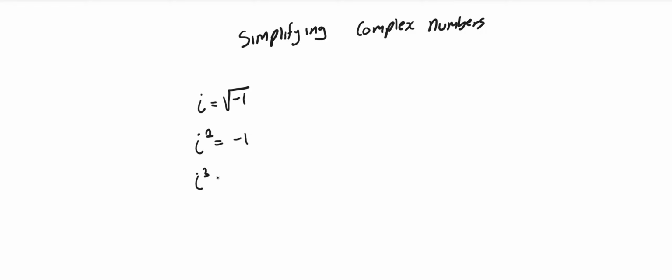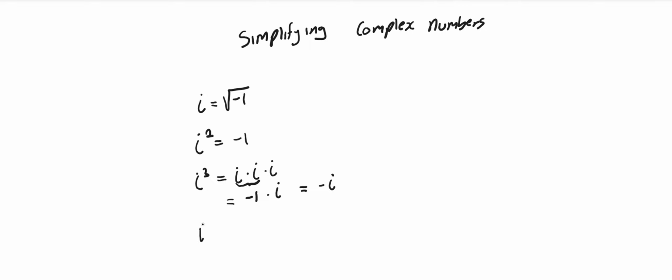i cubed is the same as i multiplied by i multiplied by i. So this becomes i squared, which is negative 1, multiplied by i. So we'll get negative i.